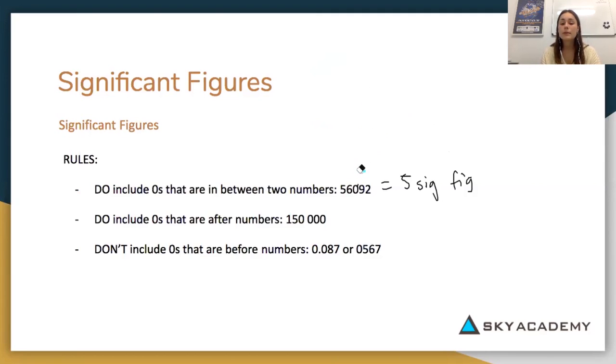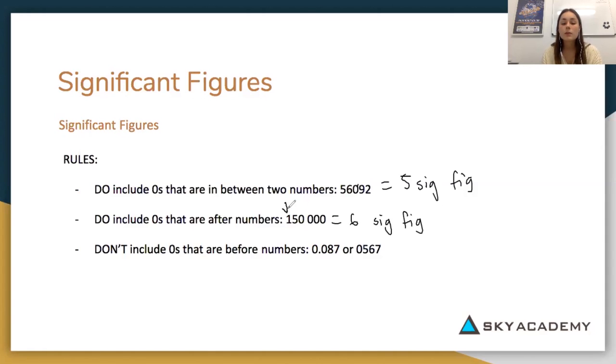We also do include zeros that are after numbers. So for example, this number here, 150,000, we would say that there are 6 significant figures in this number. If we were asked to round to 1 significant figure, we would only consider the first one and we would write the rest as zeros.